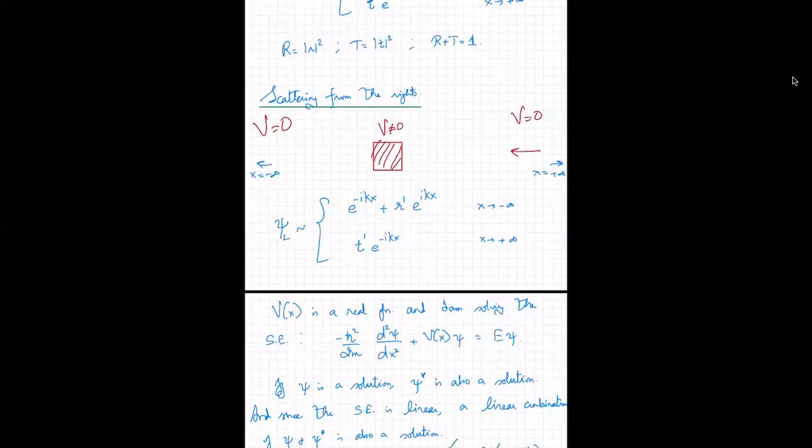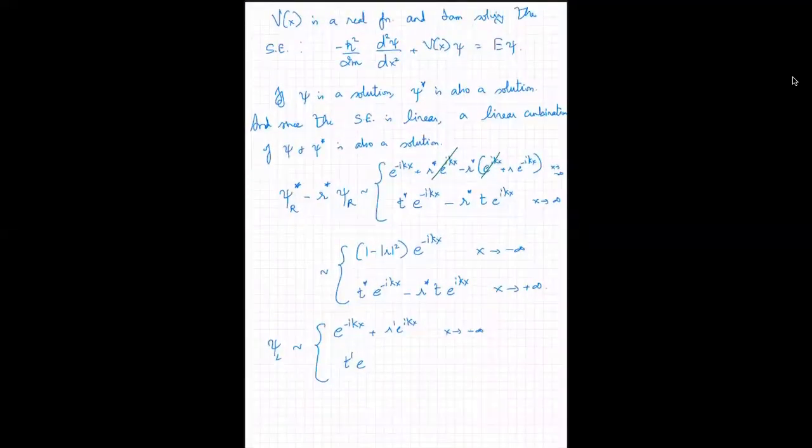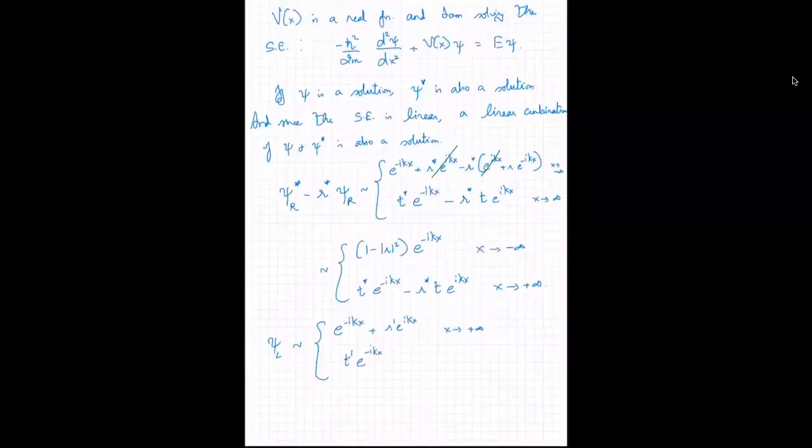Because I made a mistake here. In the scattering from the right, psi L has the form e to the minus ikx plus r prime e to the ikx in the x is equal to plus infinity region. Okay, and it has this particular form in the x is equal to minus infinity region because this is where the transmitted wave goes. So this is the plus infinity region and t prime e to the minus ikx in the minus infinity region.